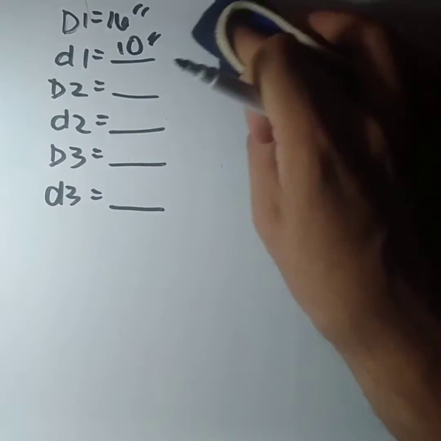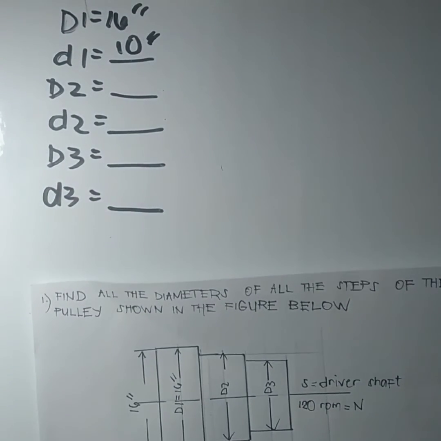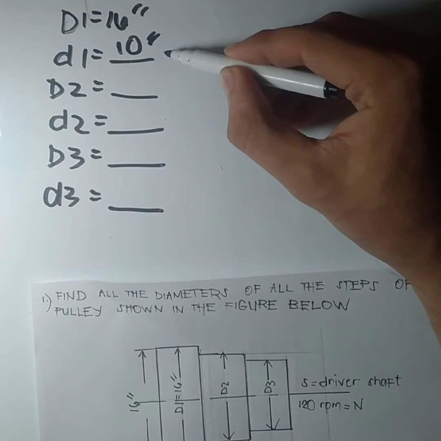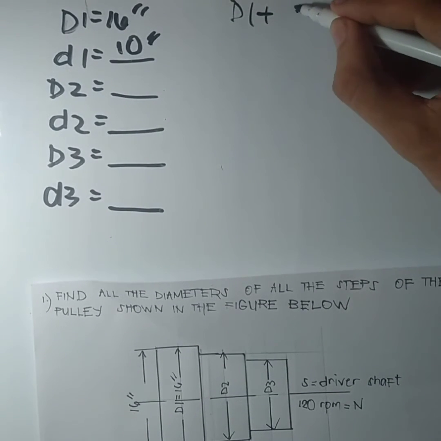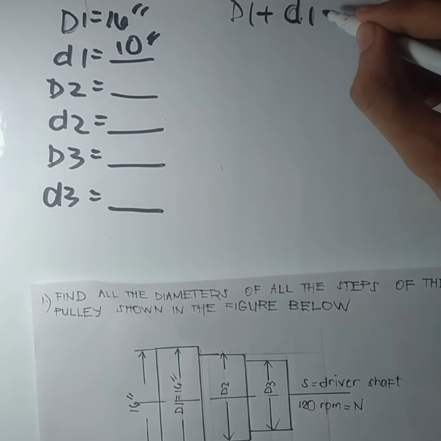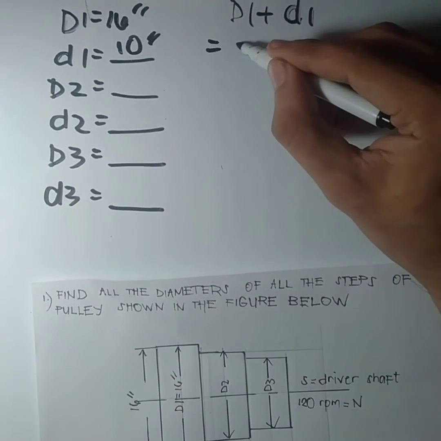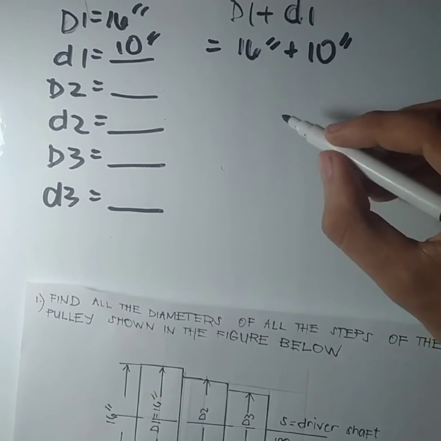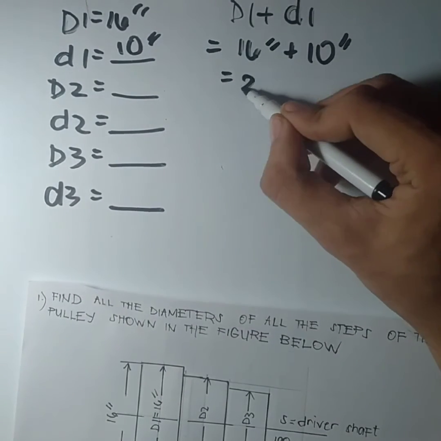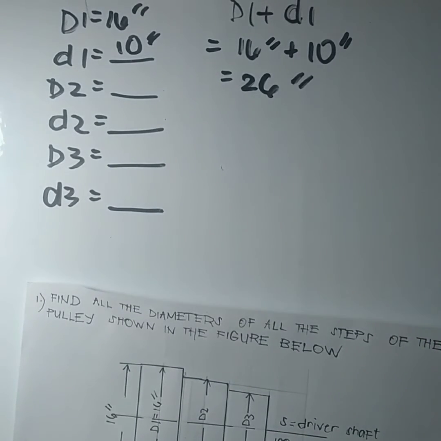So para makuha natin yung susunod na mga diameters, pag-add natin to. So kapag pinag-add natin yan, D1 ng driver shaft plus D1 ng driven shaft is equivalent to 16 inches plus 10 inches, and that will be equal to 26 inches.